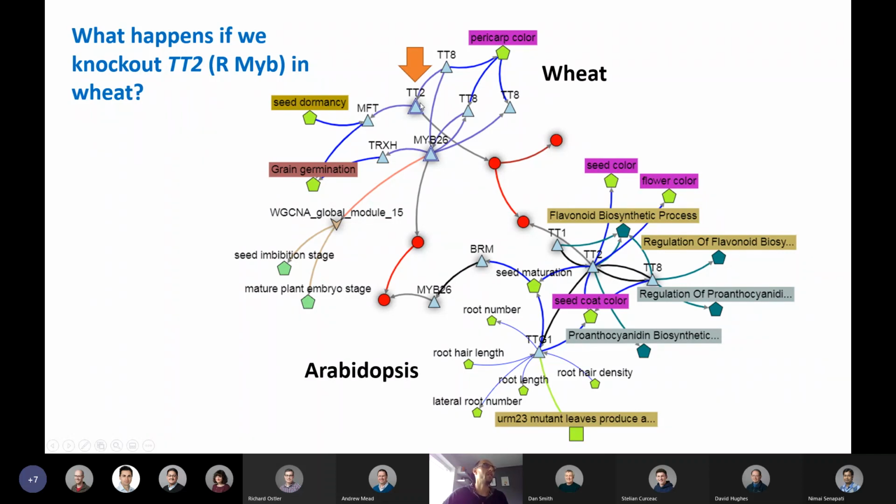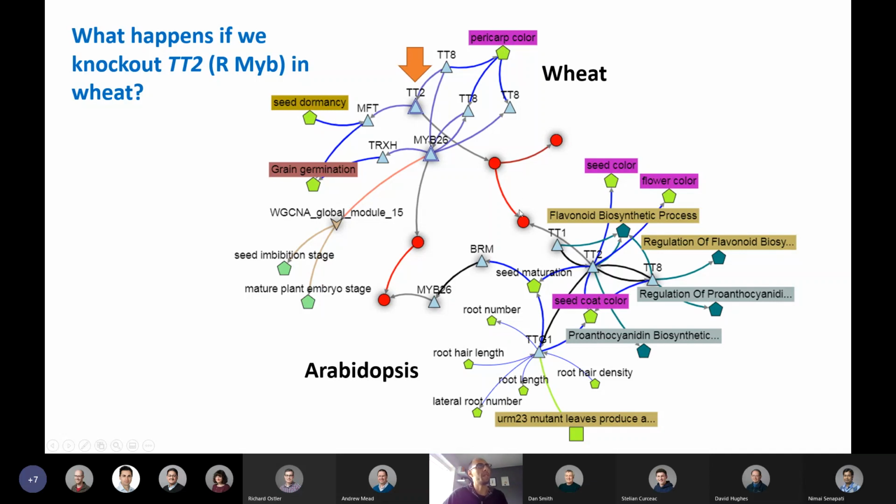So TT2 is this gene in the middle of the knowledge graph. We've got relationships showing us that there is some gene regulatory information relationship between this gene and a few neighboring genes. And the neighboring genes are linked to things like pericarp color or grain color, or seed dormancy and grain germination.